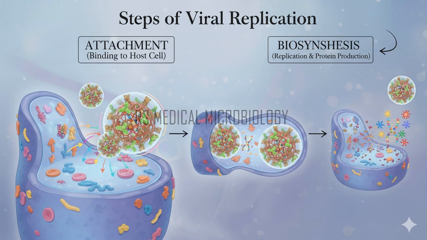Now that proceeds to form a single stranded DNA, and again by the action of the DNA polymerase activity, it forms double stranded DNA, which will now be transported to the host nucleus. With the effect of viral integrase, it will get joined with the host chromosome and it will stay there. So whenever there is a need, it can be translated to mRNA and to viral proteins and further daughter virions.